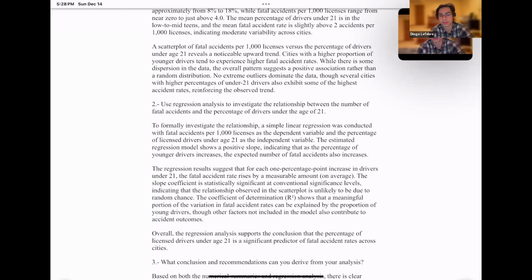The regression results suggest that for each 1 percentage point increase in drivers under 21, the fatal accident rate rises by a measurable amount on average. Overall, the regression analysis supports the conclusion that the percentage of licensed drivers under the age of 21 is a significant predictor of fatal accident rates across cities.